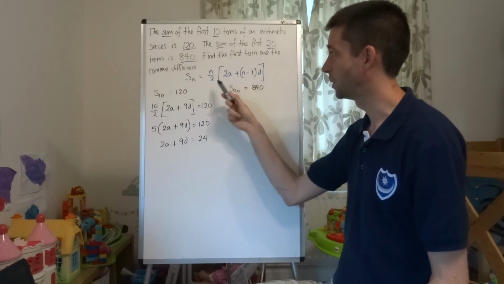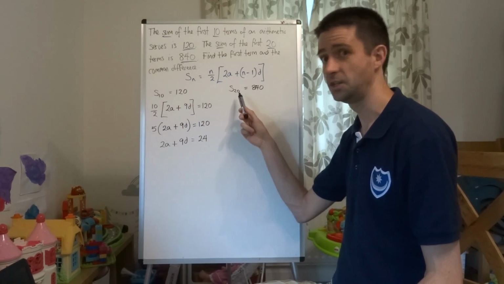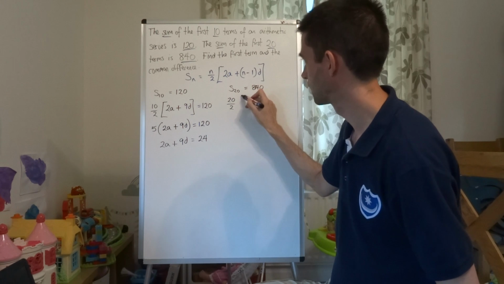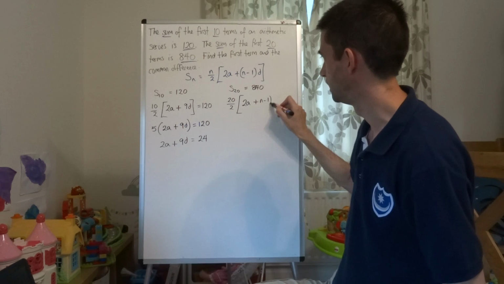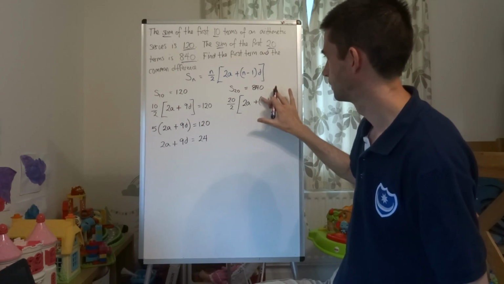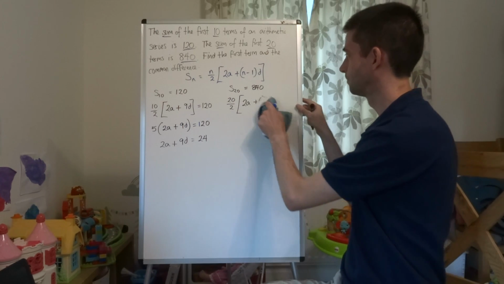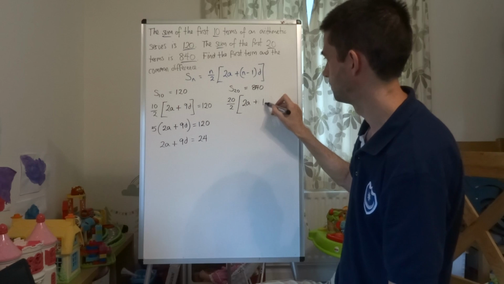I'm going to use the sum to n formula, but this time instead of using n is 10, I'm going to use n is 20. So I have 20 over 2, and then in brackets 2a plus n minus 1. Let's just correct that, because we know that n is 20, so 20 minus 1 would be 19.